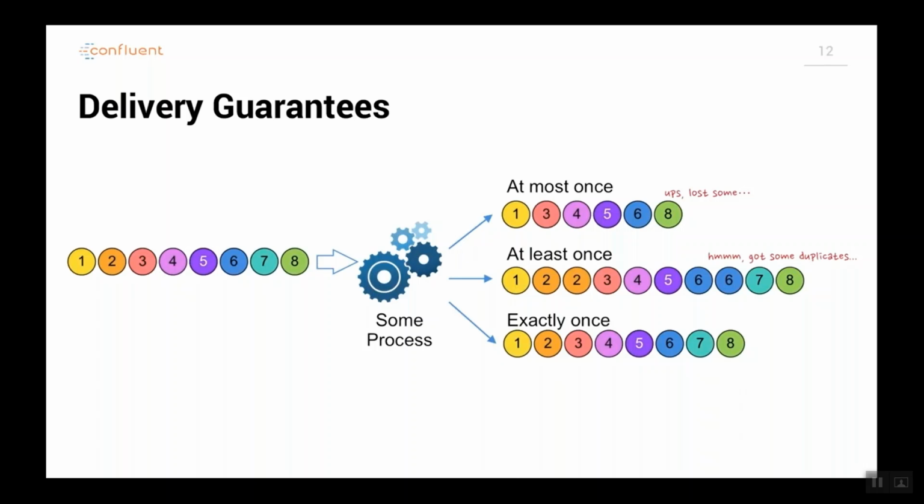So with at most once, this would map fairly closely to x equals 0 that we just talked about. With at most once, data could be lost, but you don't duplicate any messages. So x equals 0 pretty much gives you an at most once guarantee.